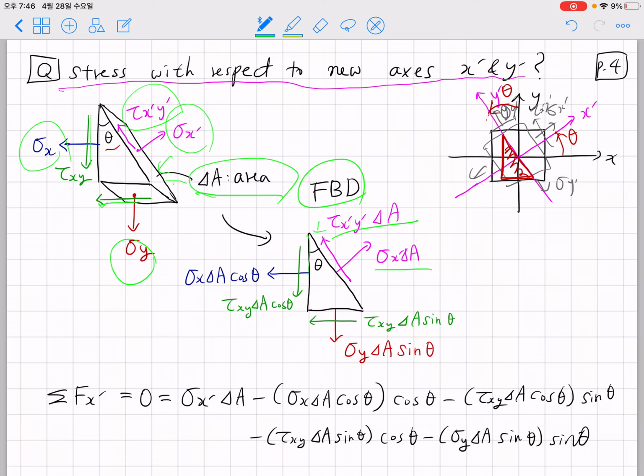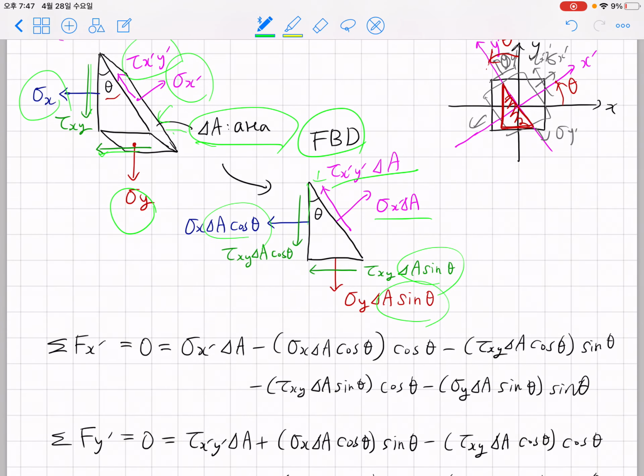For the left-hand side and bottom, the areas are delta A sine theta and delta A cosine theta. We multiply these areas by the stress components to obtain the forces acting on this infinitesimal volume. After defining these forces in the free body diagram, we can try to write down the force equilibrium equations.